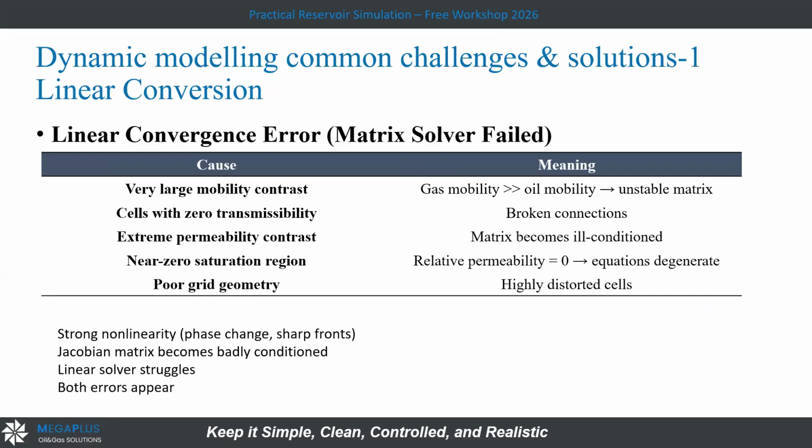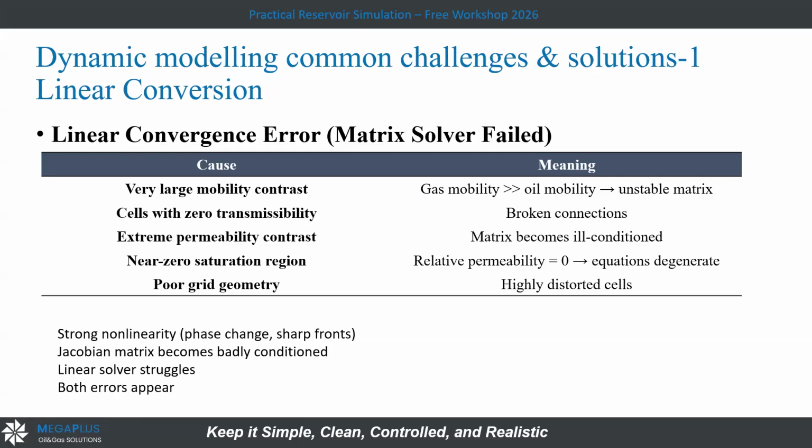That's the key word about that. Of course, if you have a broken connection, or cells not attached to each other, which comes from the geological model, it causes these nonlinear and linear convergence problems.